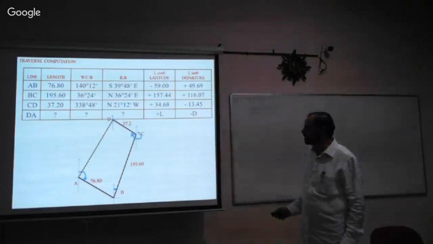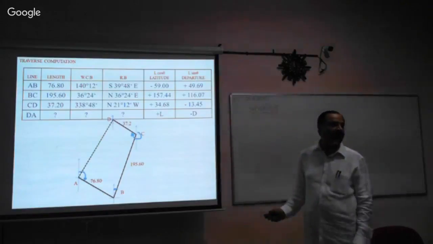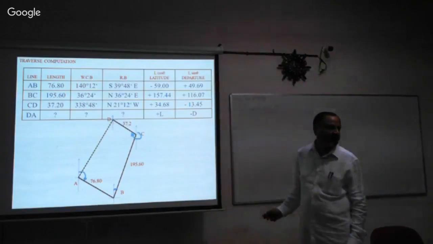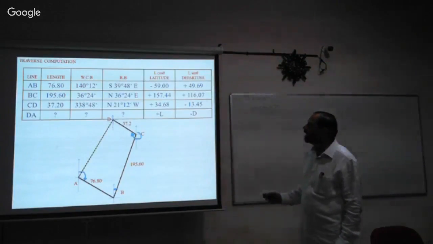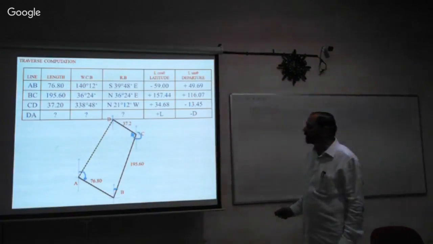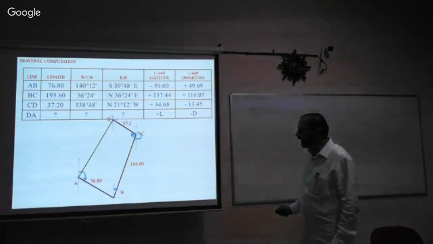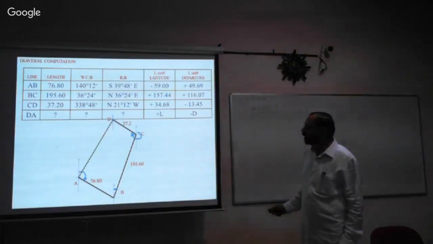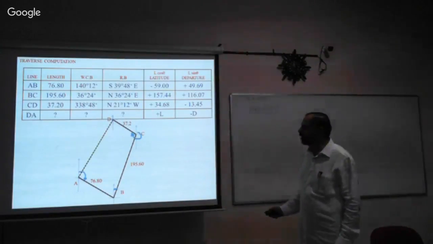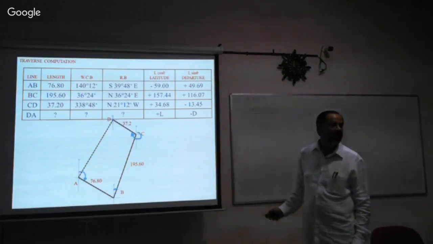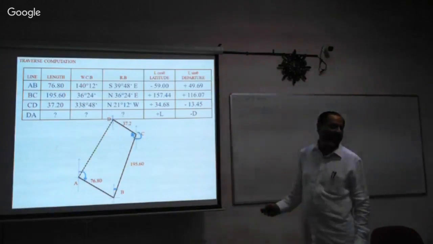The length of this is 76.8 meters, as given in the data. The whole circle bearing is 140 degrees 12 minutes.